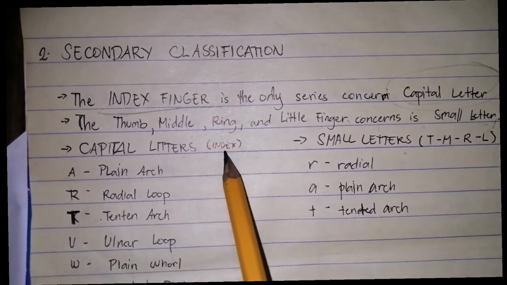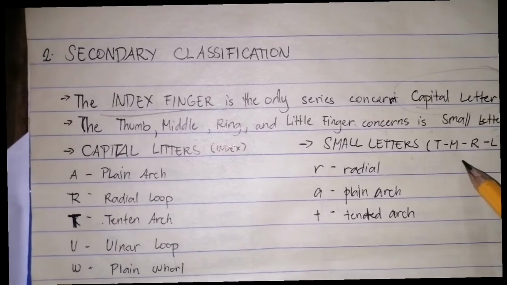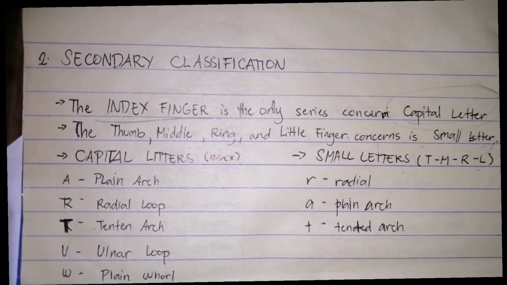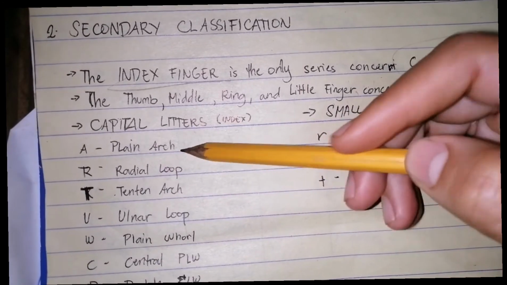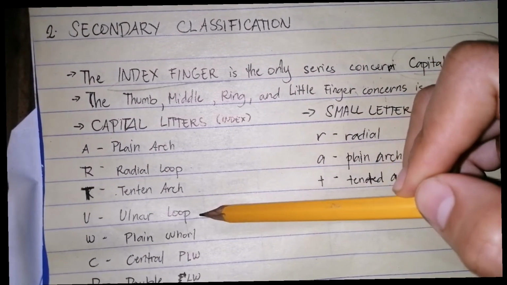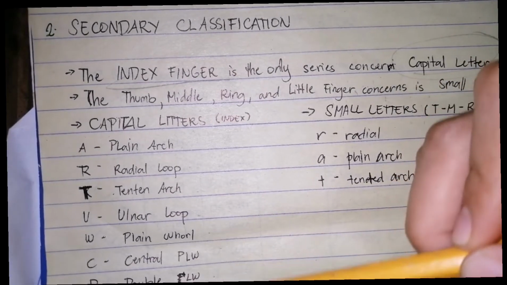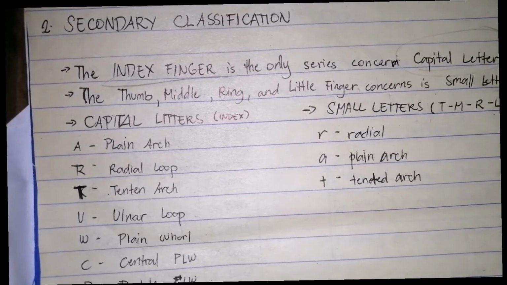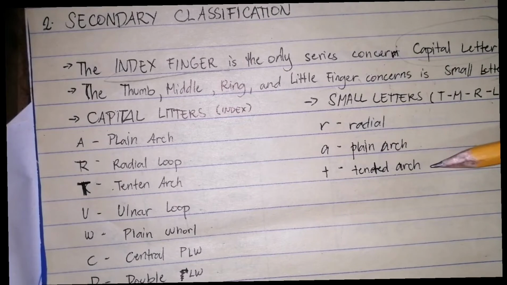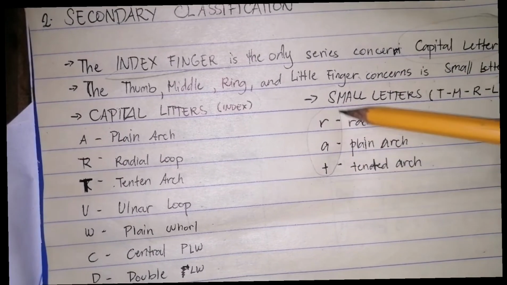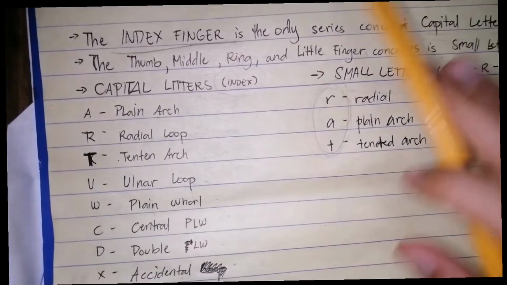The capital letters are the plain arch, radial loop, tented arch, ulnar loop, plain whorl, central pocket whorl, double loop whorl, and accidental. While the small letters are radial, plain arch, and tented arch. So it belongs to the rat family. The small letters are the rat family.